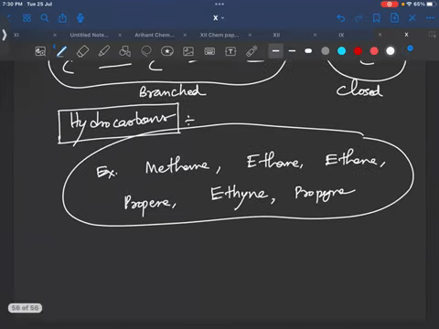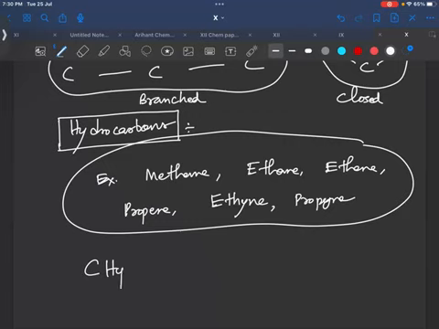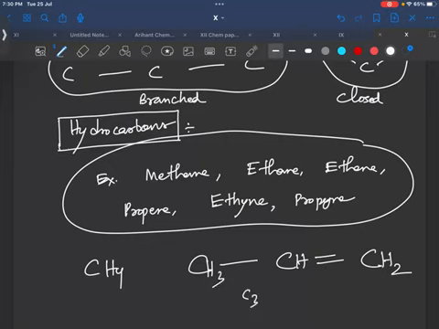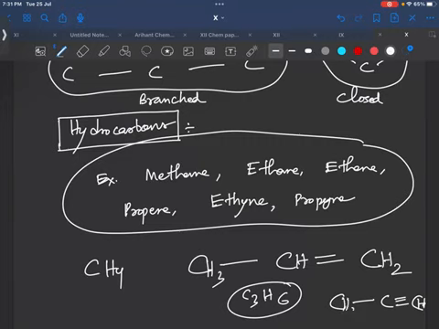Okay, let's look at the formula of one or two. Methane is CH4. Propene is C double bond C, C3H6, yes, C3H6. Propyne is C triple bond C, so it is C3H4. Okay. I will tell you how to, I mean, you don't have to memorize.